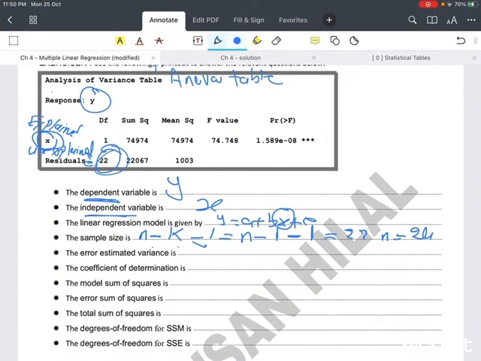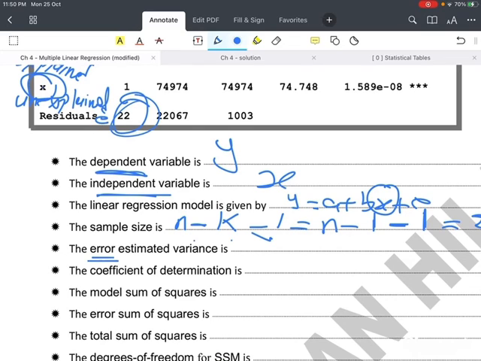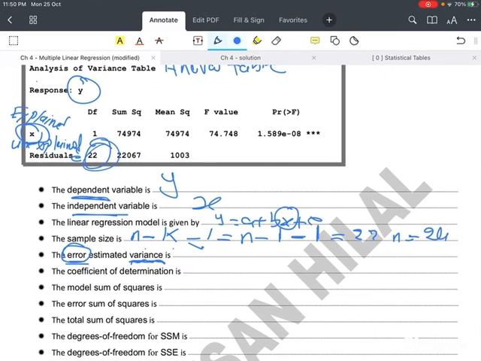Then the error estimated variance: this means you will go for the residual estimated variance.